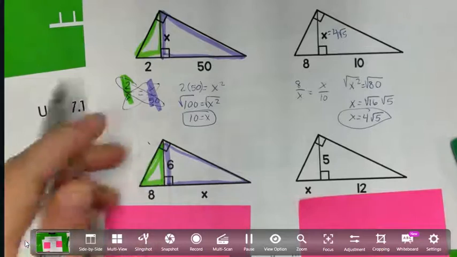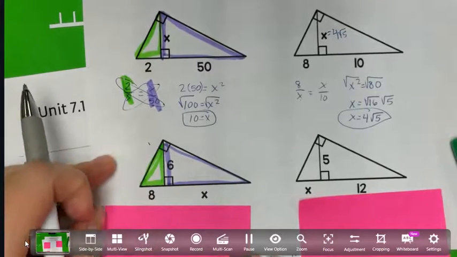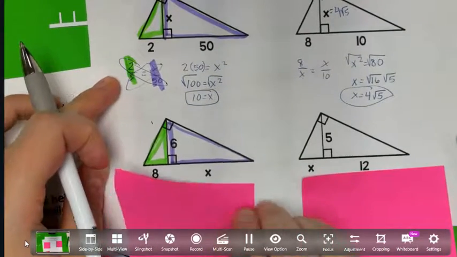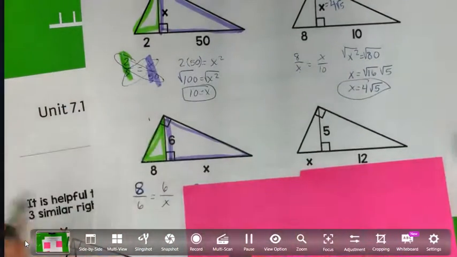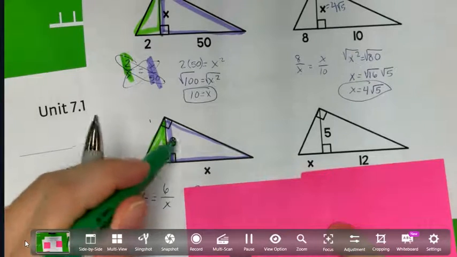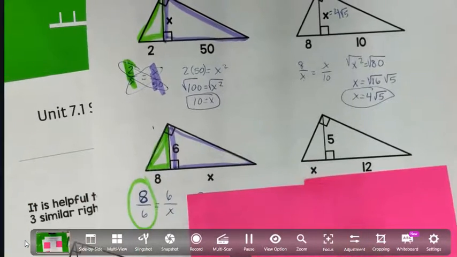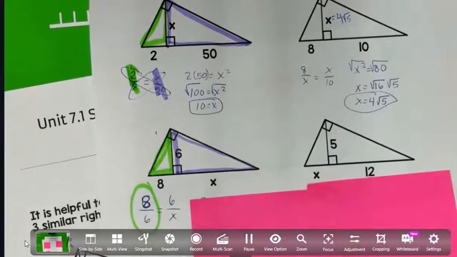So we're going to do short leg over long leg, so 8 over 6 first. And then for our purple triangle, 6 over x, short leg over long leg. 8 over 6, 6 over x.